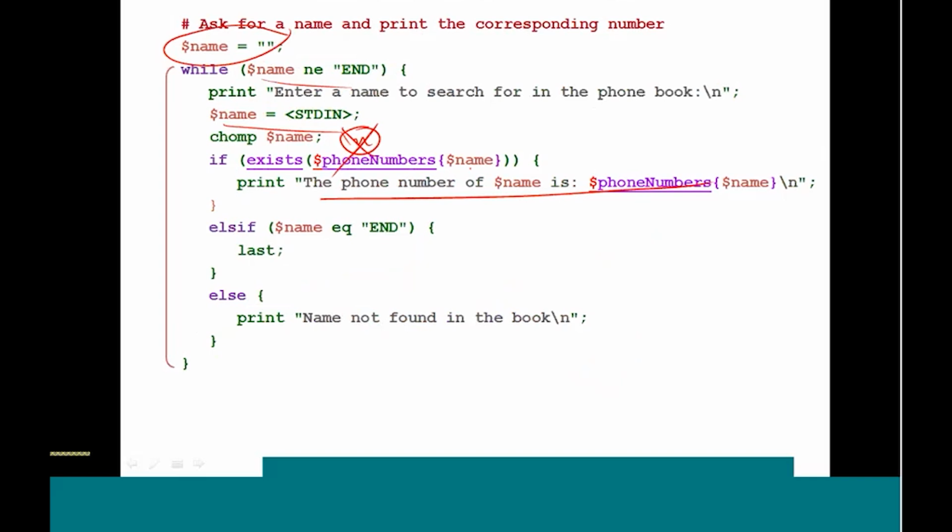So look here, basically this is the key, and here we use the same key to check what the value is. So this whole thing prints out the value. And then again, if the name we type is end, at this point it just goes back to the beginning.